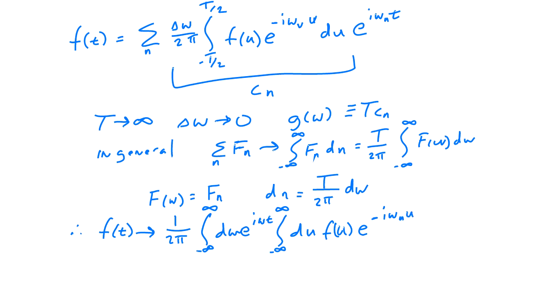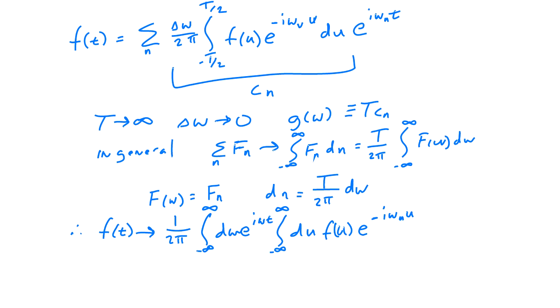And so you could see here that all we really did was we took this original summation and we basically turned it into an integral. So instead of just being a sum over n, we're now this integral over d omega. And you could see that this follows from exactly what happened before.